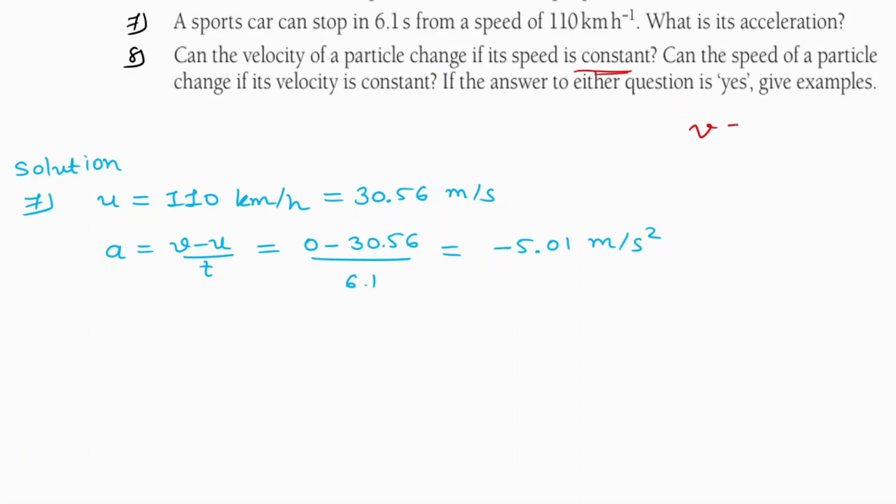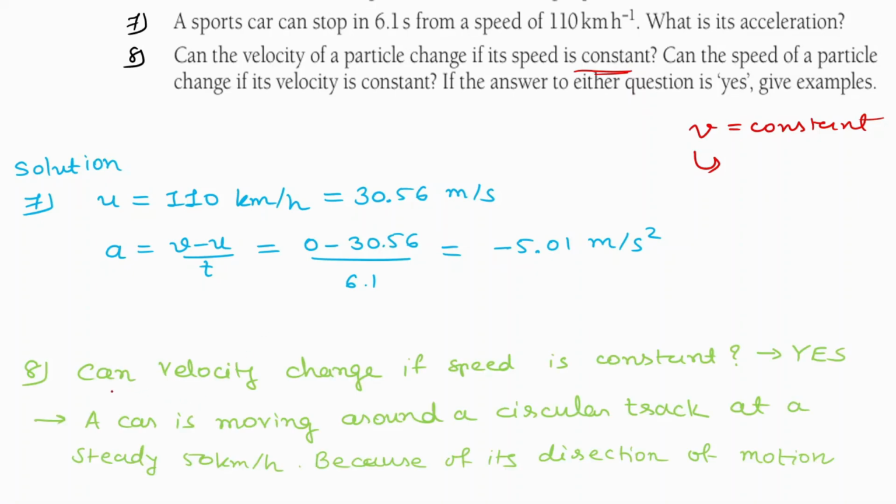Take speed as constant. In this question, you have to recall the definition of velocity and speed and the difference between speed and velocity. If you know this, you can easily give the answer. Okay.